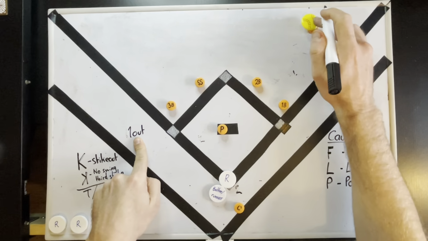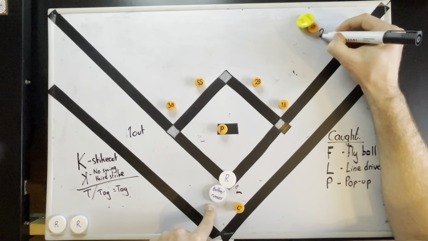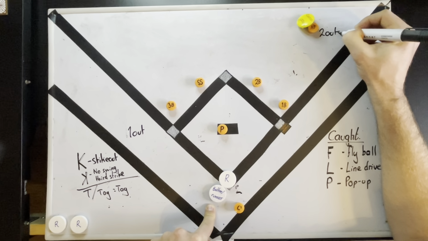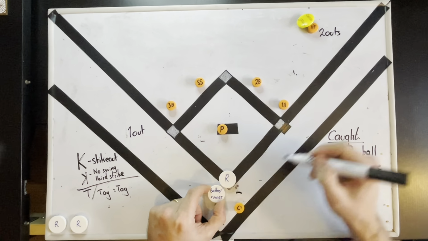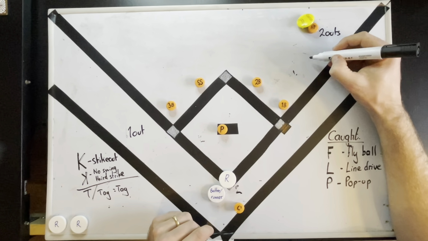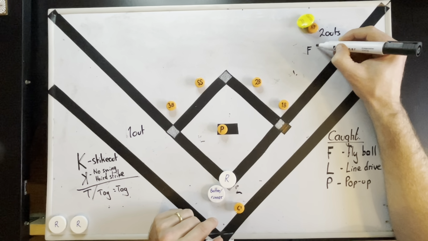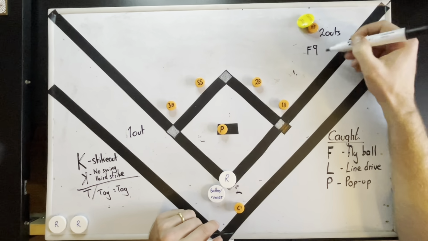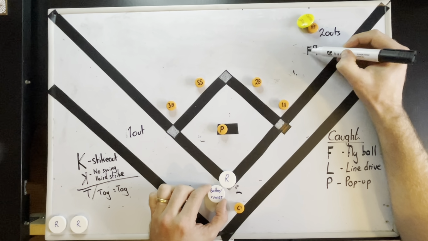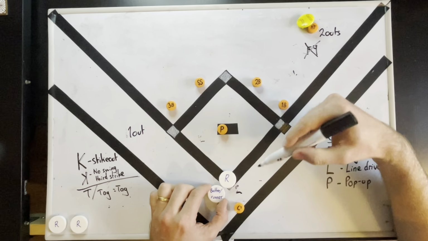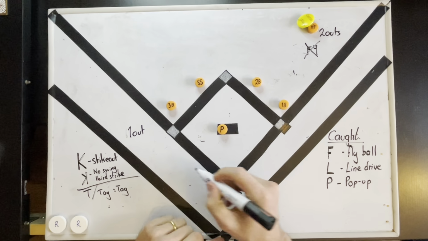So because that batter has been caught, there are now 2 outs. The batter doesn't get credited with a hit. The batter will probably be credited with an F9. That's 9, isn't it? 1, 2, 3. Yep. However, it doesn't get credited with an F9 because the runner scored.